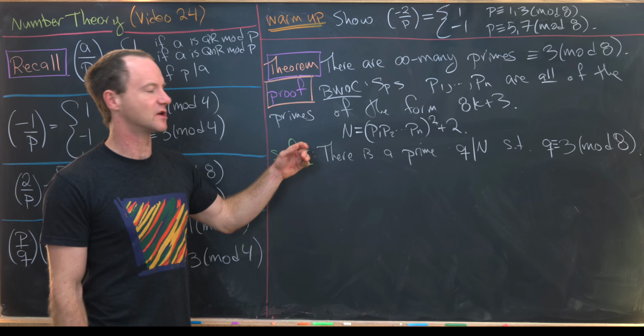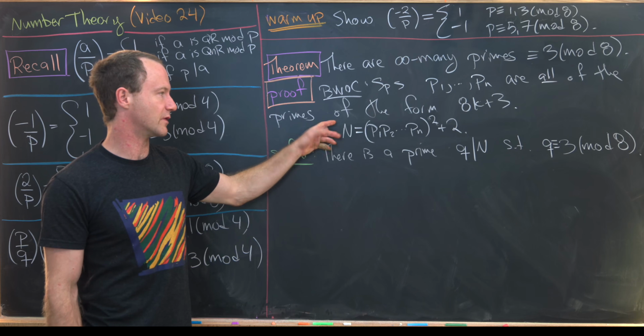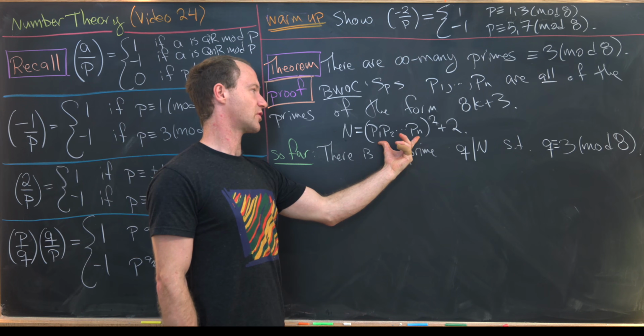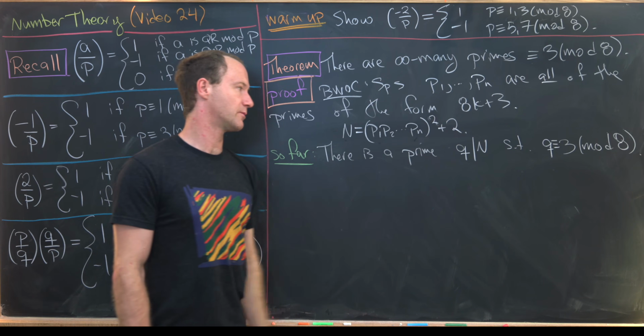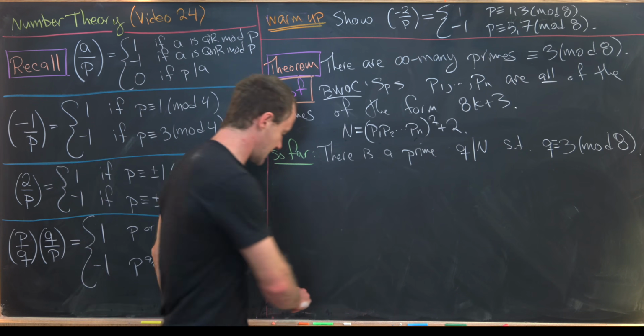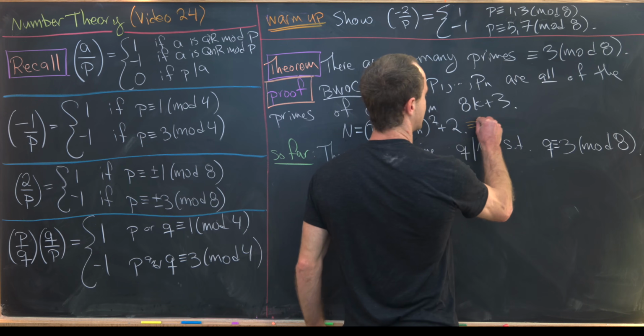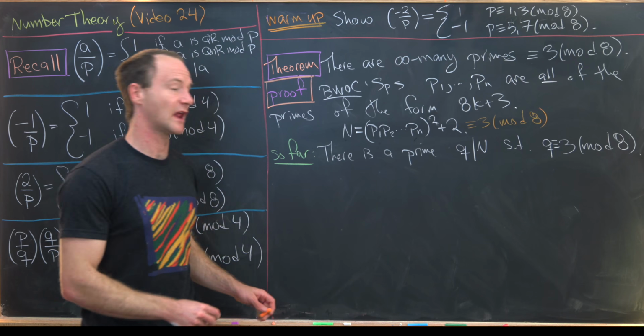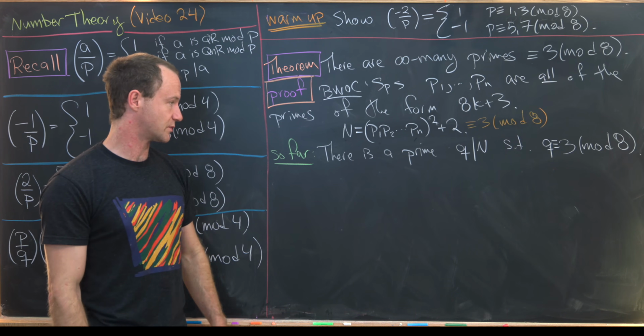So I've taken some of the parts out of it, but this is the number that we were working with. Called it capital N, and it was the product of all of these primes up here squared plus 2. That meant that it was congruent to 3 mod 8. We discussed why on the last board, and we discussed why that was important on the last board.